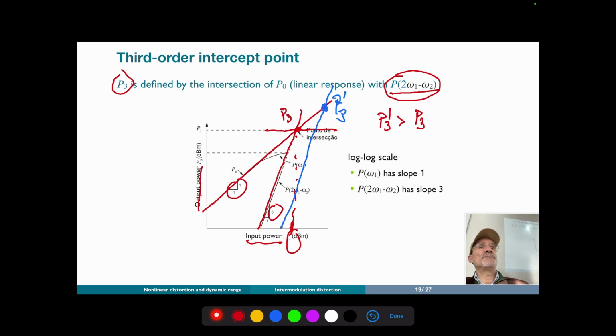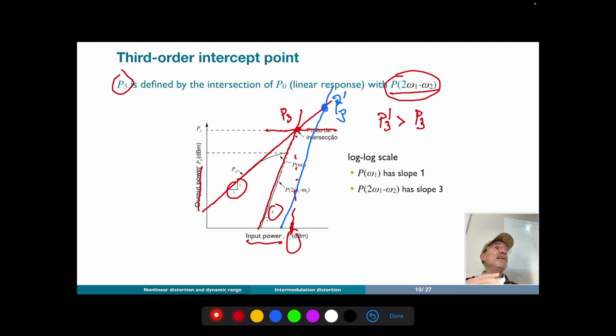Which one corresponds to a more linear amplifier? Well, that one is linear until a higher power. Exactly. So the one in blue, P3 dash, has a higher third order intersect point and corresponds to an amplifier with lower distortion, right?